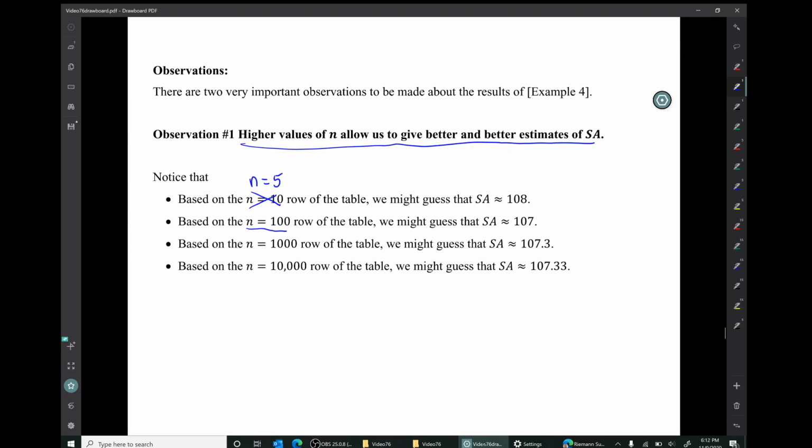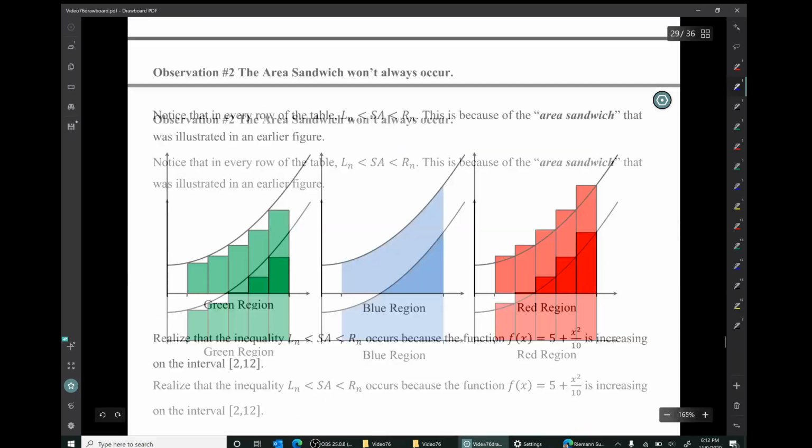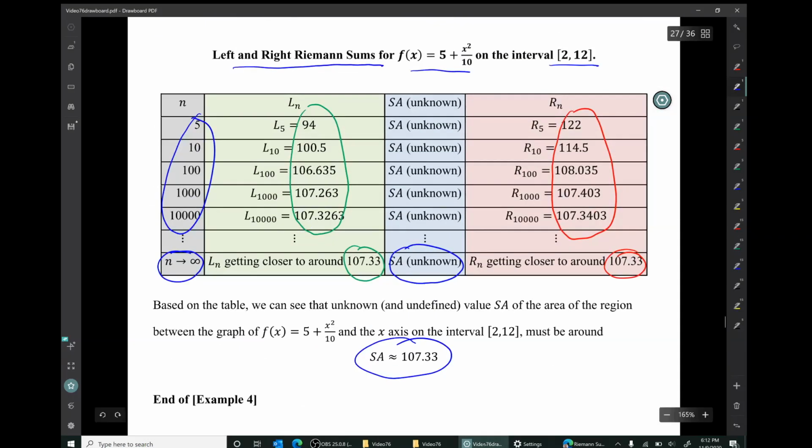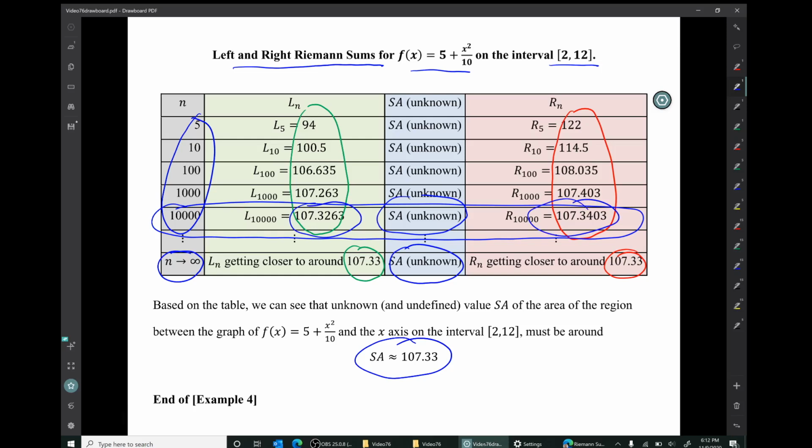But if you look at the n equals 10,000 row of the table, we might guess that the signed area is around 107.33. That n equals 10,000 row, the unknown blue number is somewhere between 107.32 and 107.34. So a good guess would be that maybe the unknown number is around 107.33.